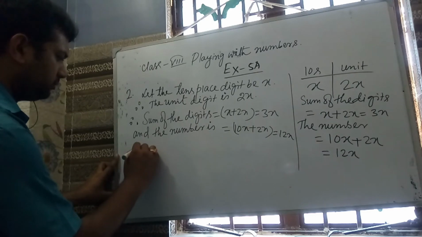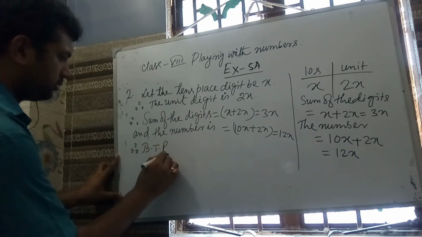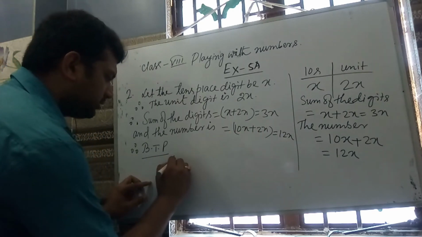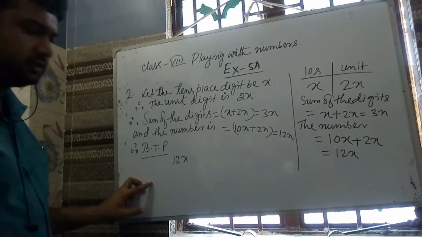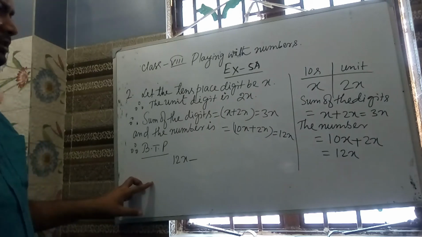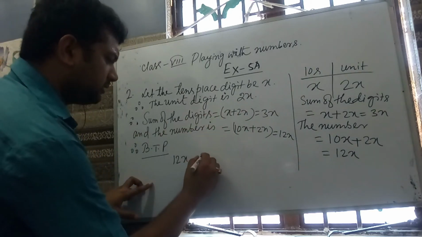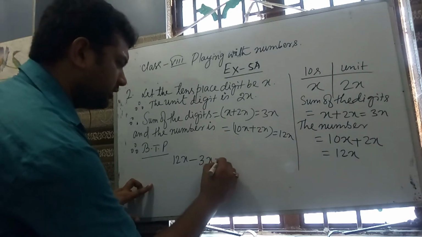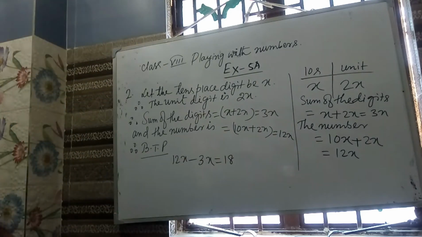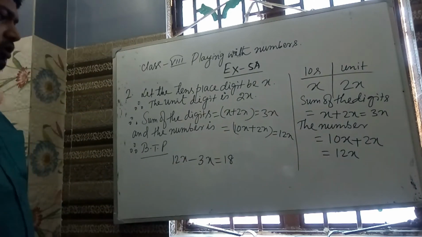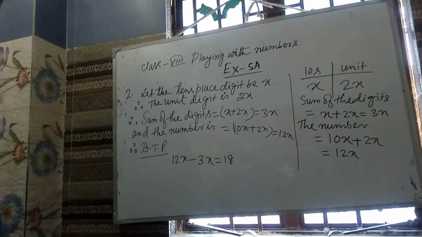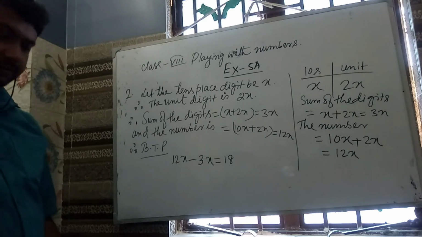Therefore, by the problem, what is given? The number, that is 12x, exceeds, that means subtraction sign, the sum of the digits, that is 3x, by 18 means equal to 18. So this is your equation. 12x minus 3x, it gives you 9x.